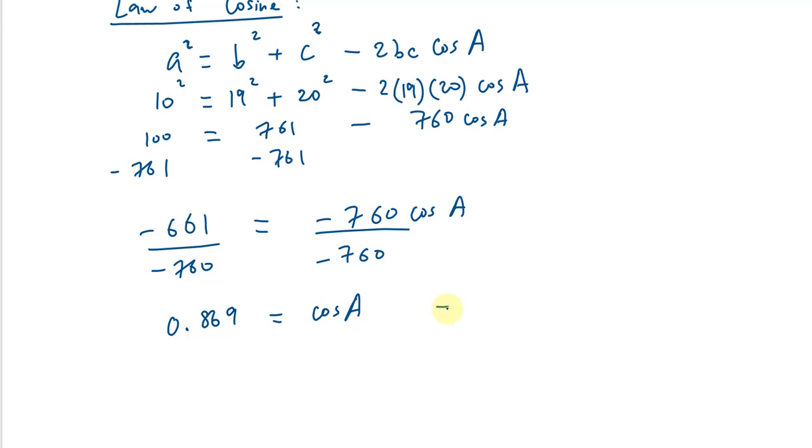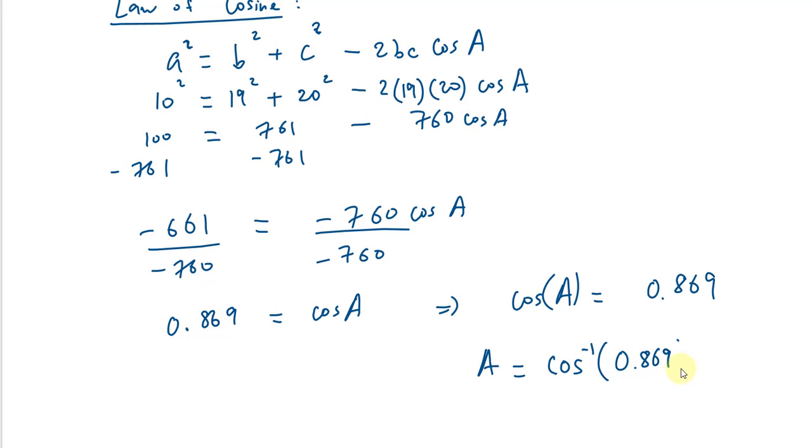We have a cosine, so we can rewrite this as cosine of A equals 0.869. To find the angle from the cosine, we have to take the inverse cosine of the value.